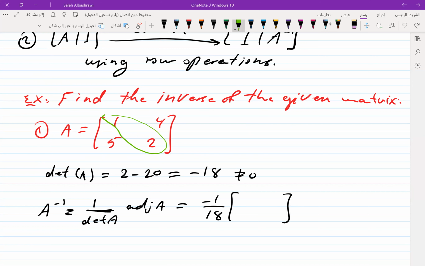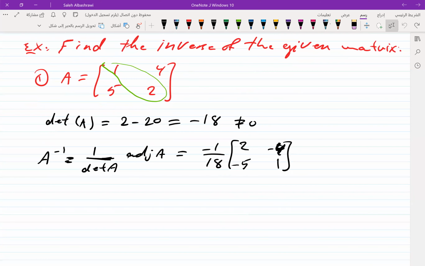Just interchange the positions of the main diagonal entries, it will be 2, 1, and change the sign of the other diagonal entries. So the inverse is minus 1 over 18 multiplied by 2, minus 4, minus 5 and 1. So if it is a 2 by 2 matrix, it's very easy to find the inverse. A inverse equals 1 over the determinant multiplied by the adjoint. Switch the entries of the main diagonal and multiply the other elements by a negative sign.